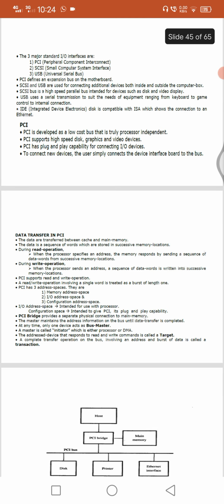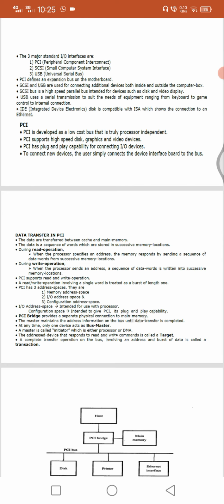The configuration address space is intended to give PCI its plug and play capability. I just told you PCI has the capability of plug and play, and with the help of the configuration address space, it is possible.